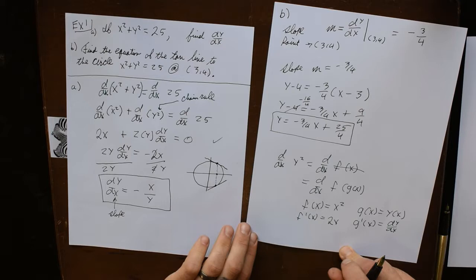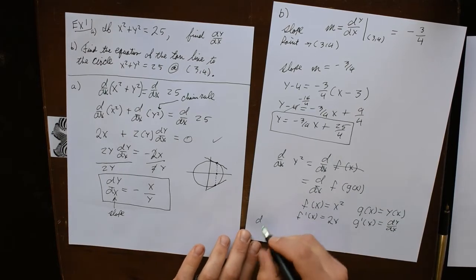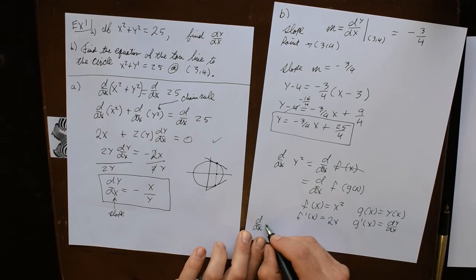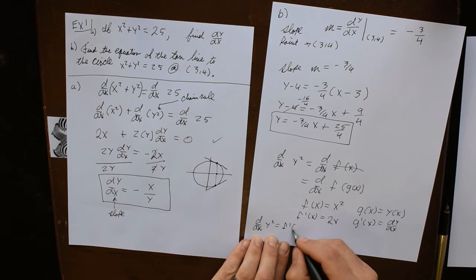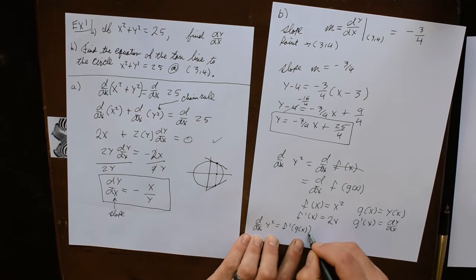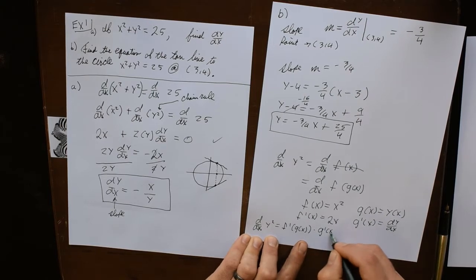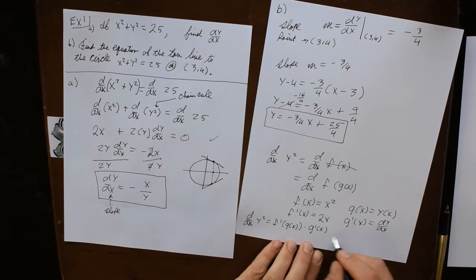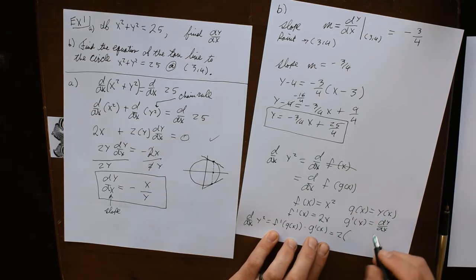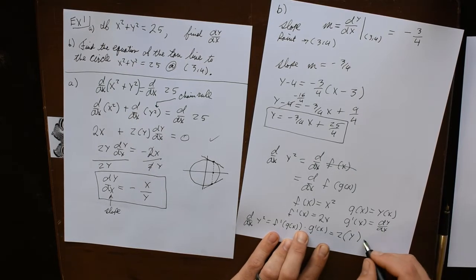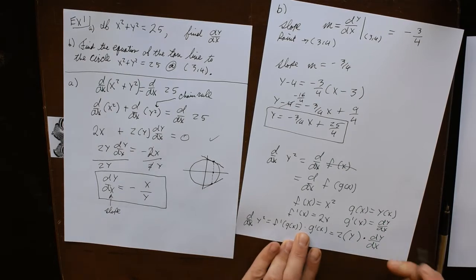So by our chain rule, the derivative with regards to x of y squared is equal to f prime of g of x times g prime of x. Well, that's going to be f prime is 2 times g of x. We typically don't write y of x, we just write y times the derivative g prime of x, dy dx.